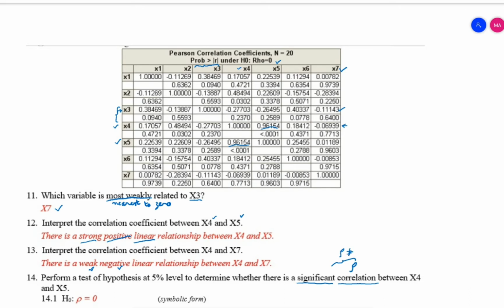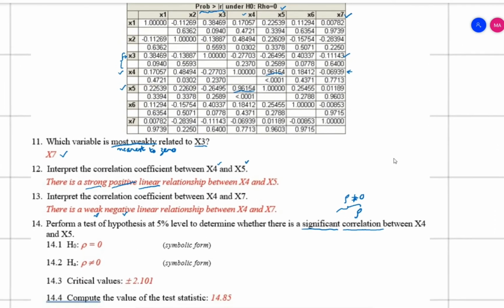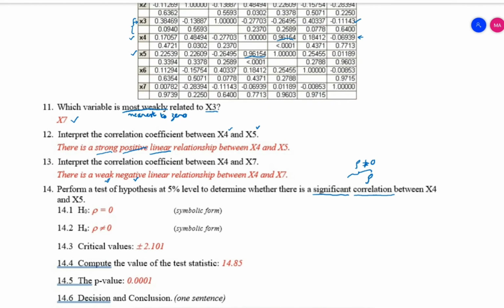This is the interpretation of the coefficient of correlation. Just note this: if rho is 0, no correlation. If rho is not 0, there is significant correlation. Therefore you write H0: rho is 0, HA: rho is not 0.